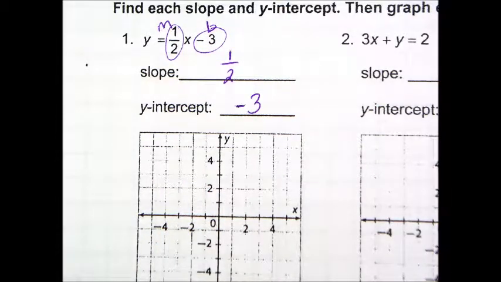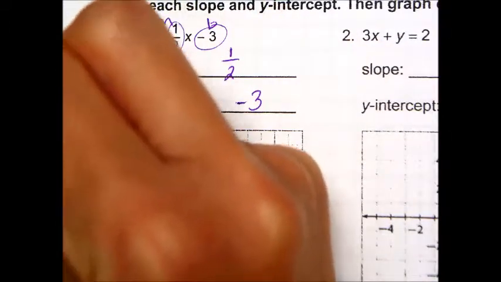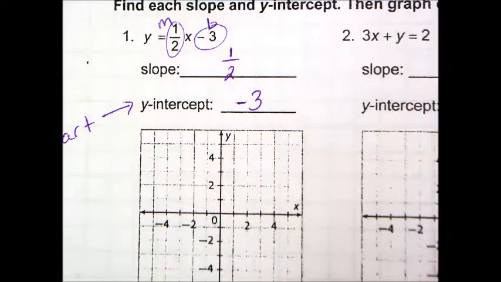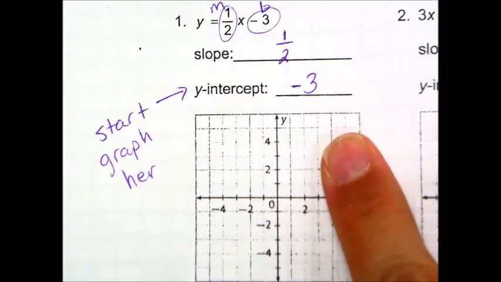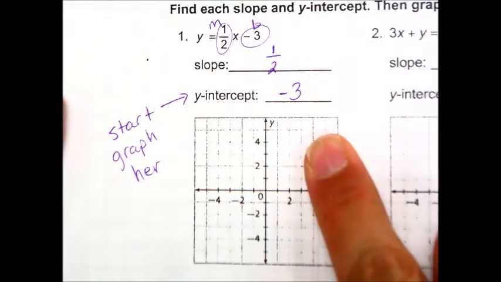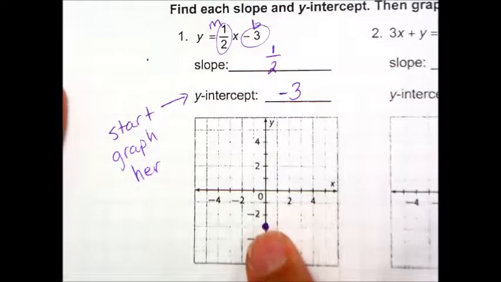So when we get ready to graph this, what you want to think about is the y-intercept is actually the first point that's going to go on your graph. I'm going to make a little note that says start graph here. So this is the first point you will put on your graph. If your y-intercept is -3, that means you need to be hitting the y-axis at -3. So I'm going to put that dot there to start.